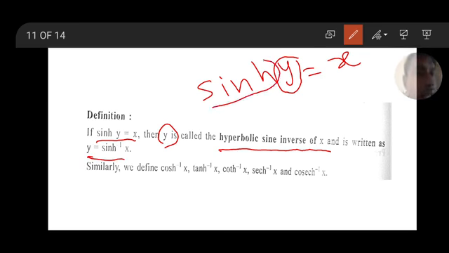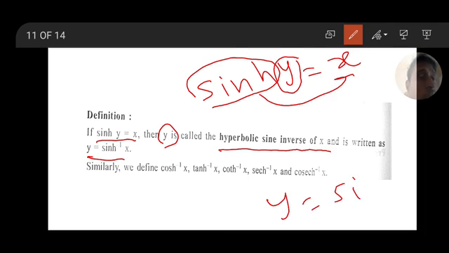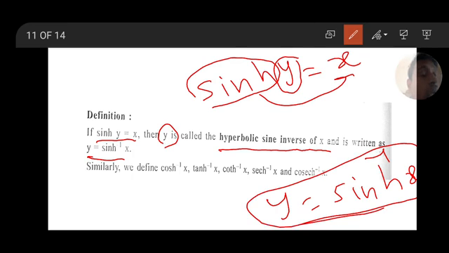This sinh goes to this side and becomes inverse: y equals sinh inverse x, the inverse hyperbolic sine function, or hyperbolic sine inverse of x.